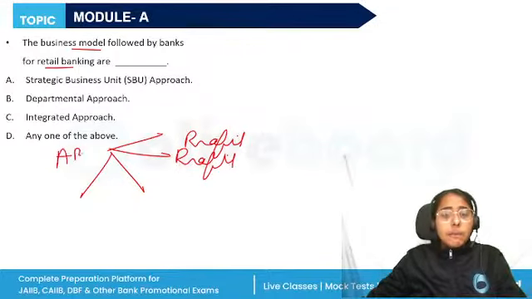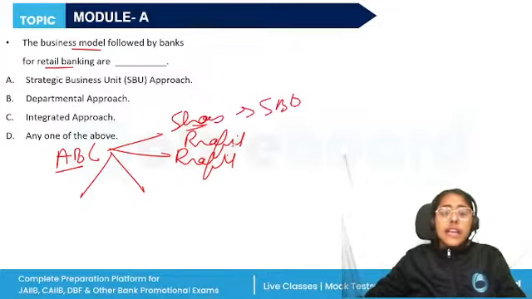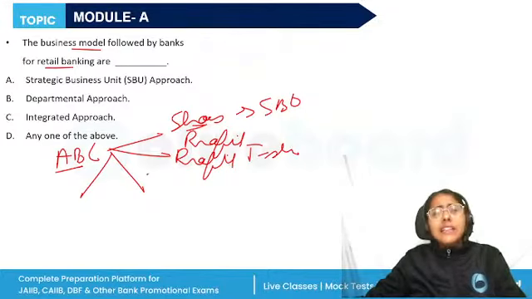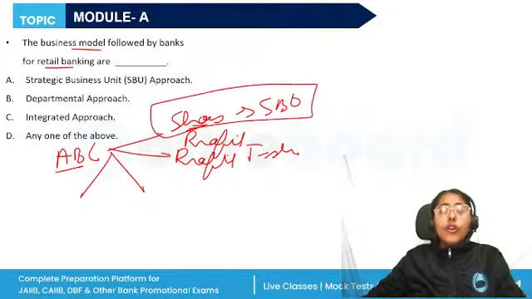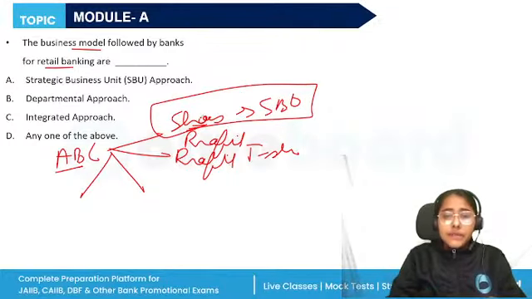Like for example, any company ABC divides its work, let's say it's working in textile, right? So one SBU for shoes, another SBU for, let's say, t-shirts, another SBU for any other segment. So each of the SBUs will focus on their own business, right?